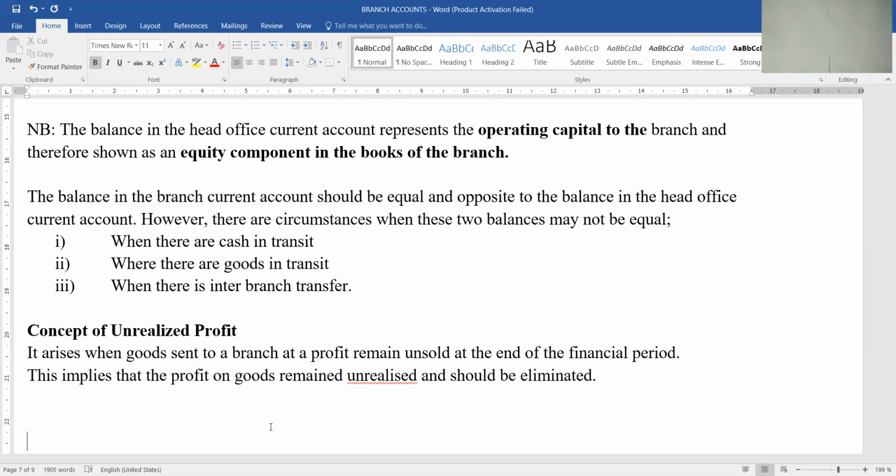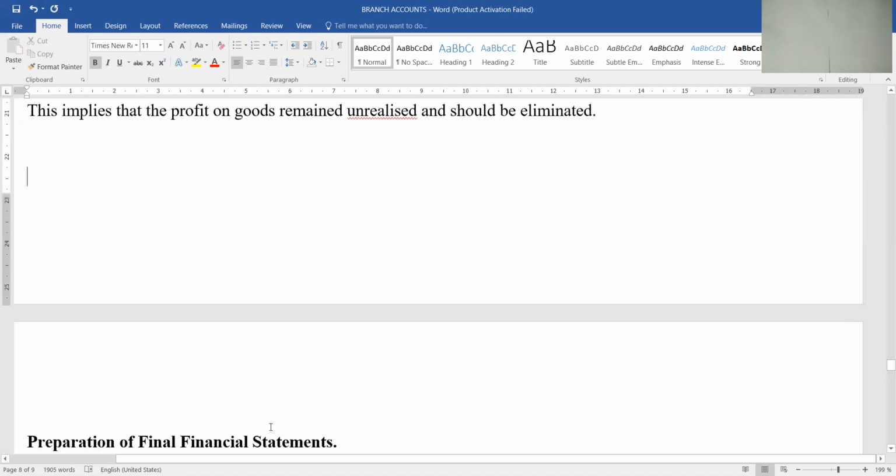But we have some scenarios whereby they might not be equal. What is the cause of them not being equal and opposite to each other? In a scenario where there is cash in transit, goods in transit, or inter-branch transfer. Those are the three aspects.